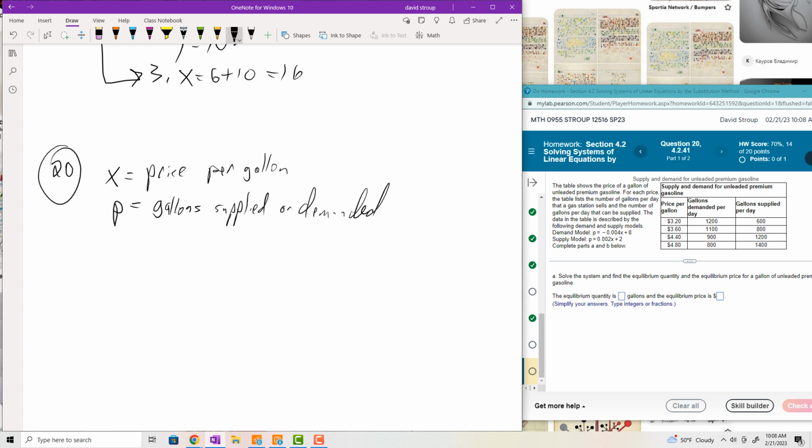Okay, so when you have demand and supply, and you're solving that as a system, we have P equals negative 0.004x plus 8, and then P equals 0.002x plus 2. When you solve this system, you're finding where the supply and the demand are equal.